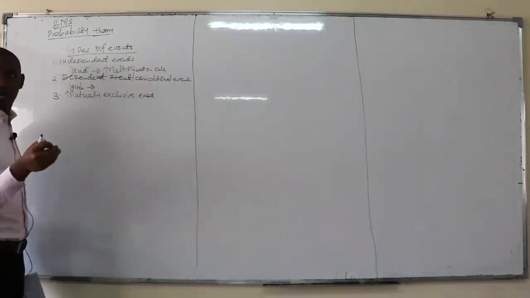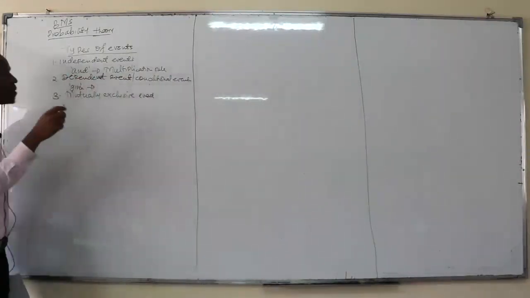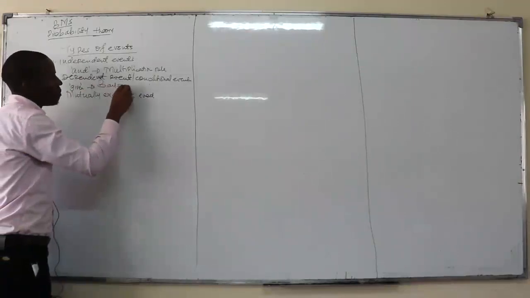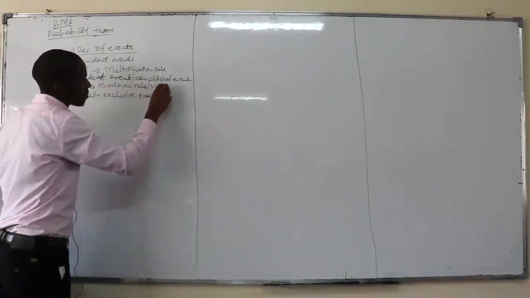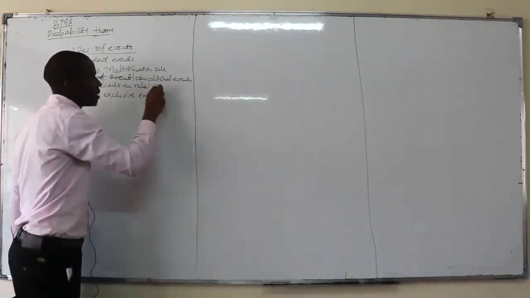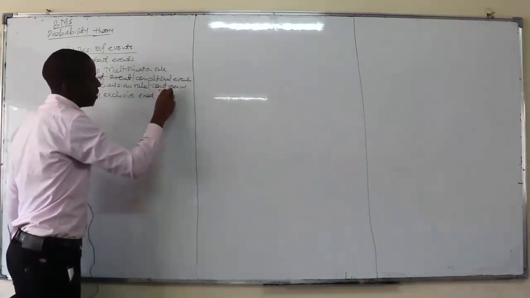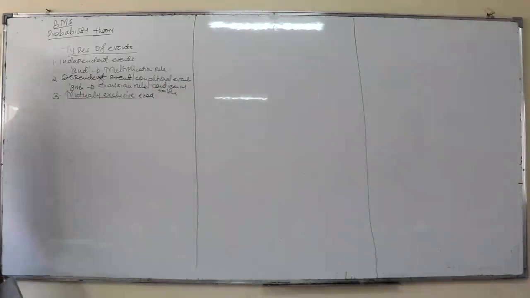Are we together? And for the dependent events, they are denoted by the word given, and this is whereby we use the Bayesian rule, or what we call the contingency table.